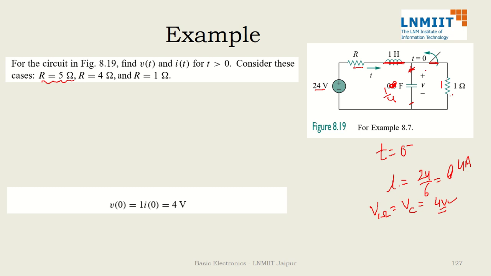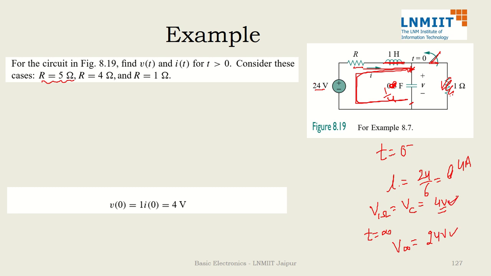What will be the case at t equal to 0? This will open, so this will go away. And then if I consider t equal to infinity, then at infinity the circuit will be open, and V infinity or V forced or V steady state will be 24 volt.